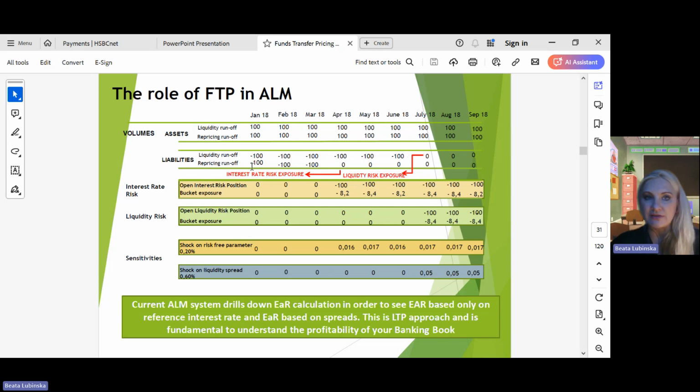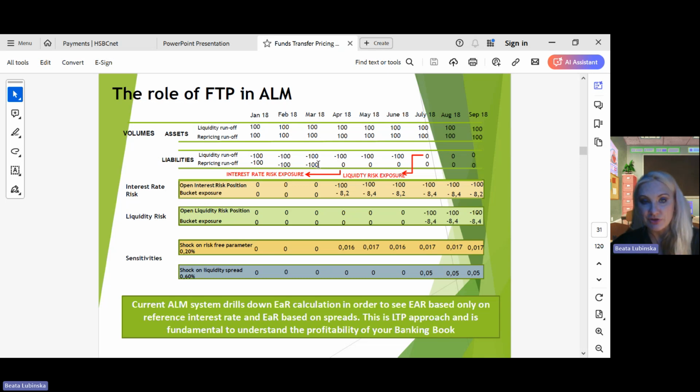Let's have a look at the repricing tenor of this position. Again, it is even shorter than the maturity profile, because of its more frequent repricing. So we said this position is repricing on a quarterly basis. So every 3 months, there is interest rate risk coming from this position, because the liability has to be repriced.